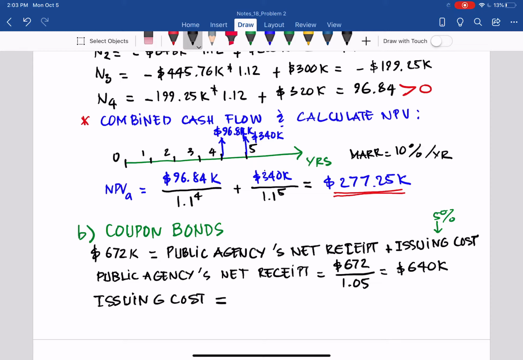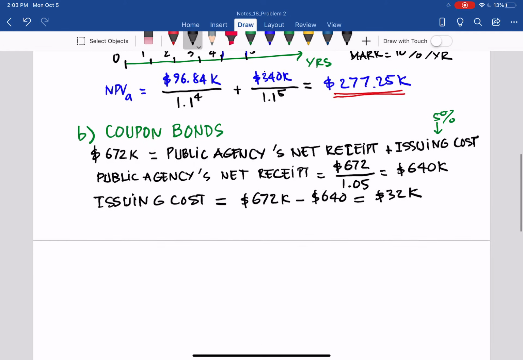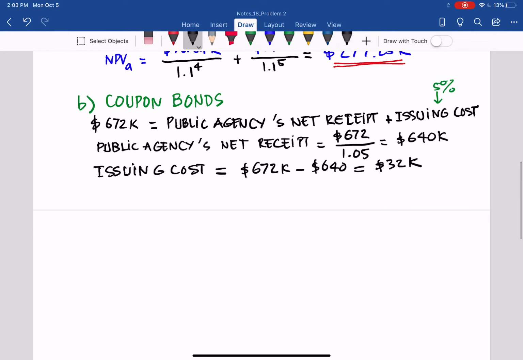which equals 672,000 minus 640,000, and that is 32,000 that you have to pay at the beginning to get this bond. Just like to get the mortgage, I have to pay closing costs. So with that, we can draw the operating and bond cash flow, and we combine them before we find the NPV.